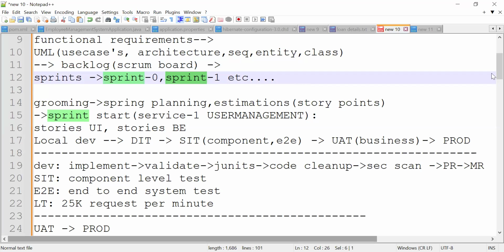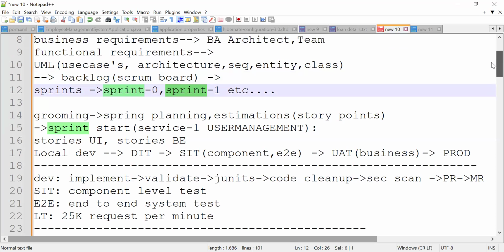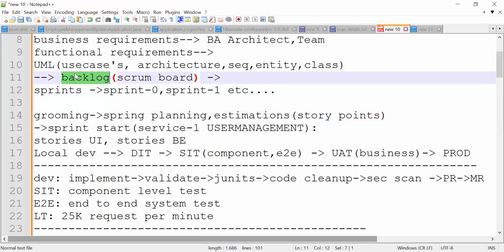If you start a project in a traditional SDLC like waterfall, we used to take a lot of time, but nowadays people don't have that much time. They will simply give a high-level architecture and a basic application walkthrough, the requirements at a high level. Then they directly create backlog items, meaning stories.